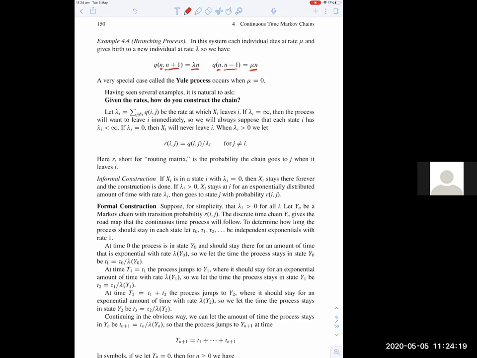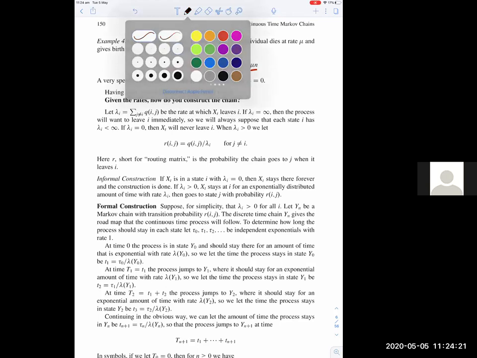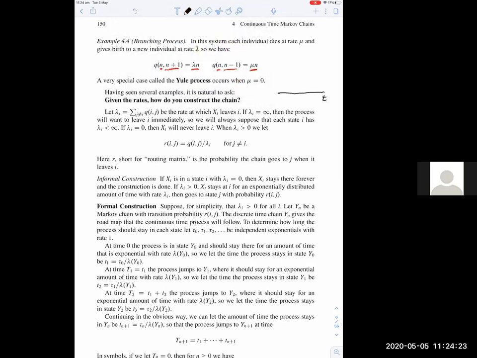You can view it like this. Say this is time, and let's say you're at some given time here. There's some history here, we're not sure exactly what it was, and you've got 10 infected individuals or something like that. So this is going to stay for a while, but with rate lambda n we will go up here.